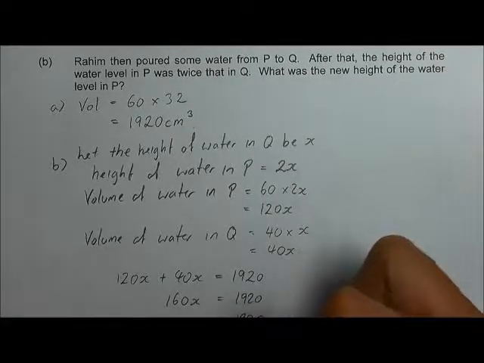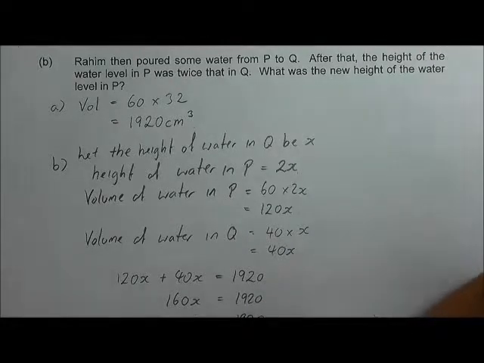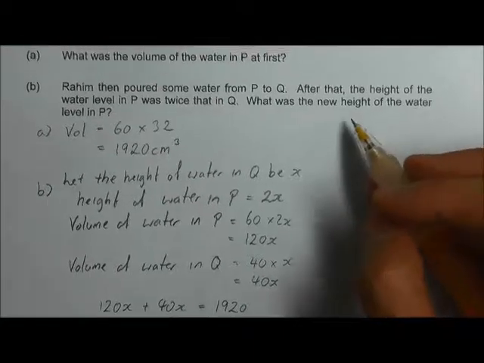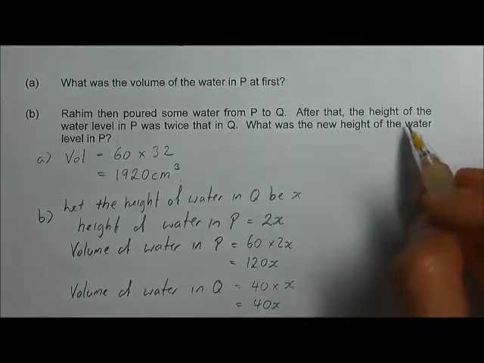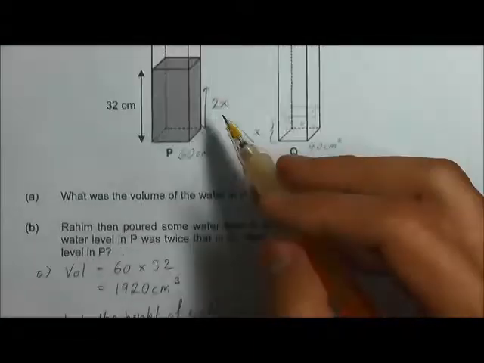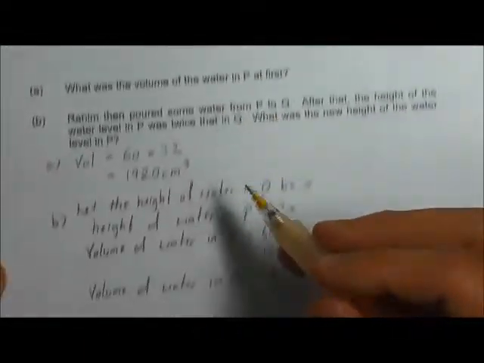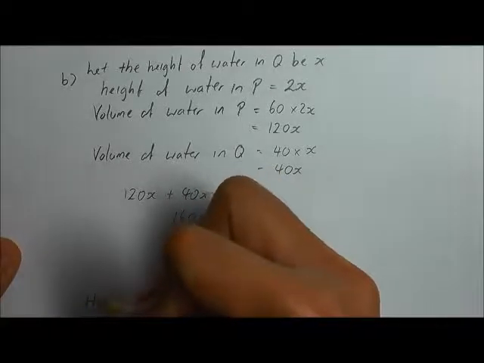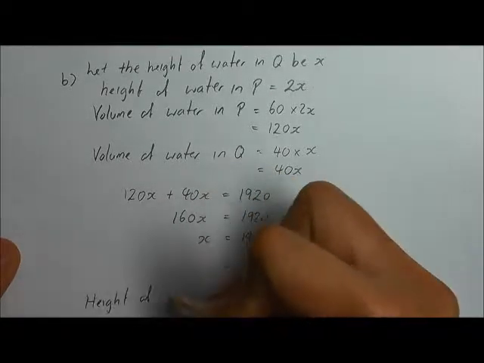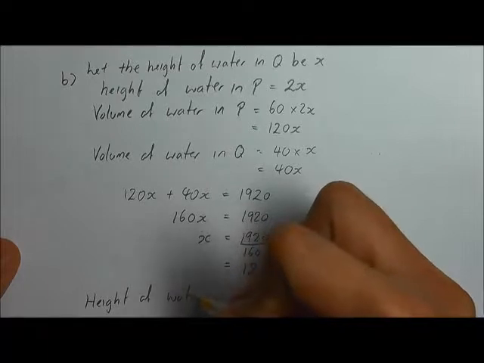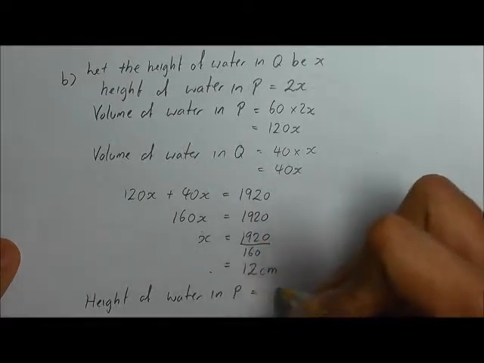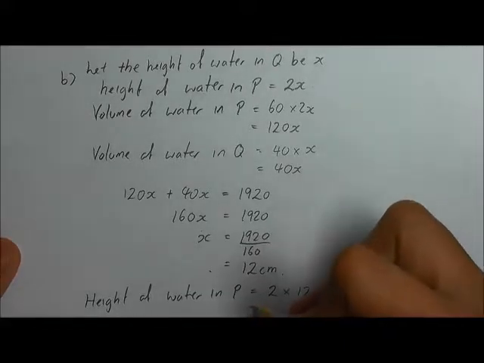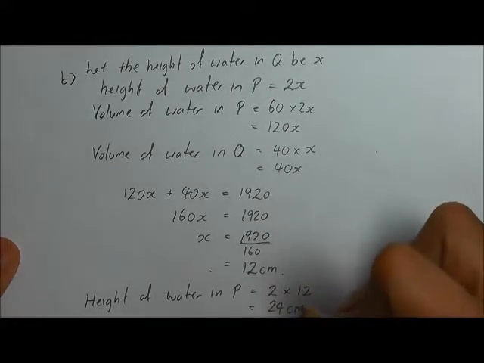That will be 12 cm. And if you want to find the new height of the water level in P, this is 2x. So you can write down that the height of water in P is now 2x, which is 2 times 12. That will give us 24 cm.